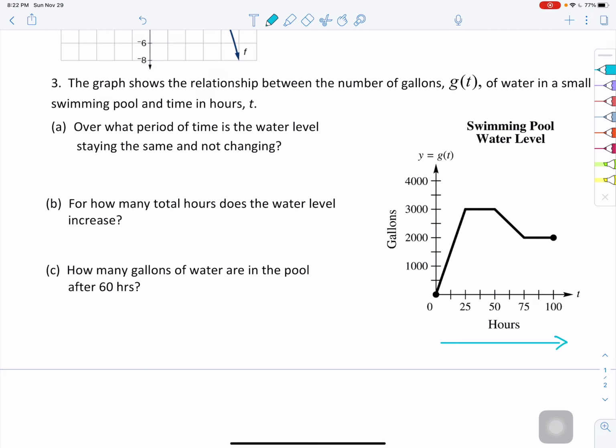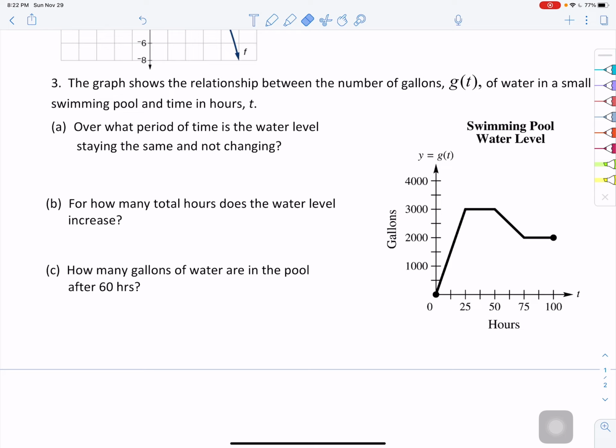We were filling up a pool with this many gallons of water. And the pool was filling up, and then probably the water was shut off, and then probably the water was being drained, and then the water was shut off during that time period. So that's sort of a description of what's going on with this swimming pool graph.